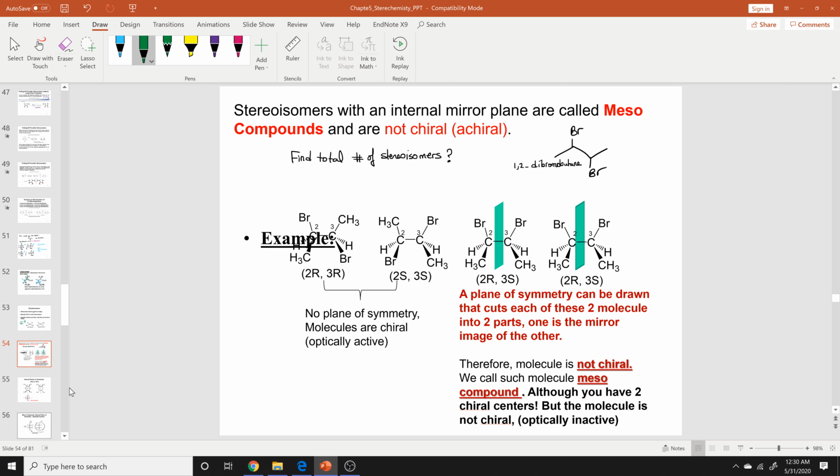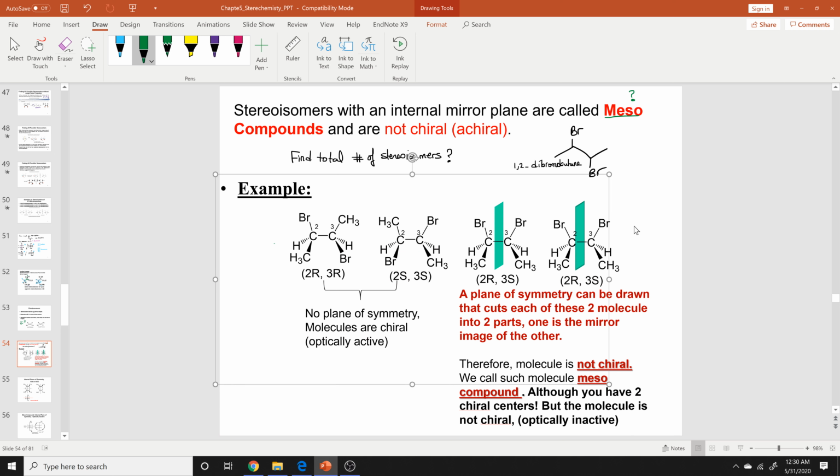Now let's explain the term meso. What is meso? Meso is whenever you have two chiral centers in there. So this is the example, whenever you have two chiral centers and you have groups that are the same.